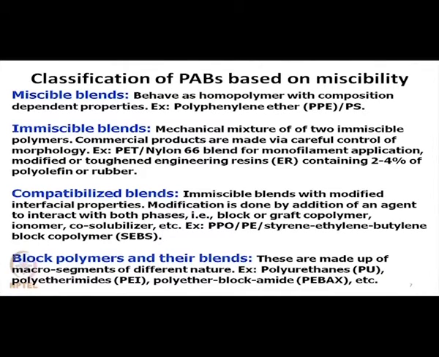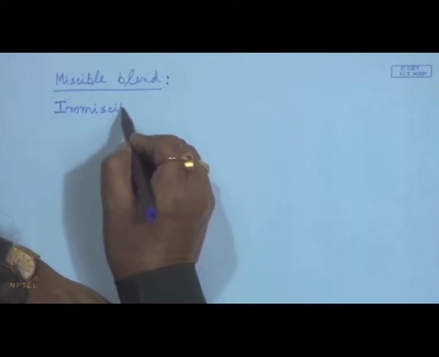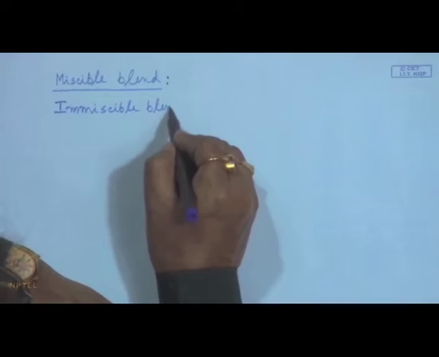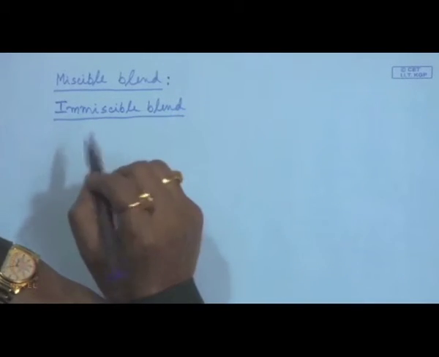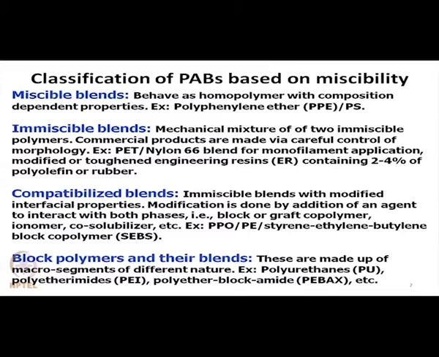Next class is immiscible blend. Now, this immiscible blend is a mechanical mixture of two immiscible polymers. Here we must understand that the two component polymers are not miscible, and we are blending, mixing them, and the product formed is known as an immiscible blend.